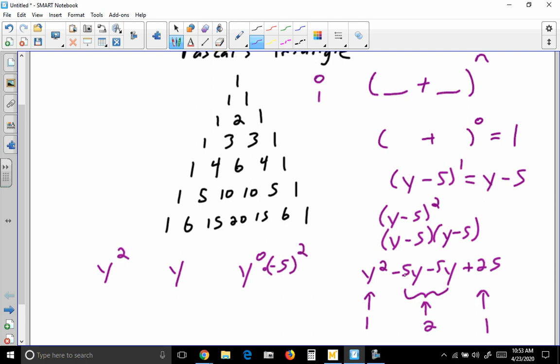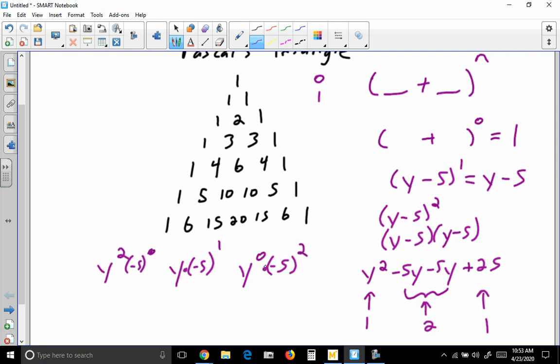The middle term has a negative 5 times y, so we have a y, and we have 1 negative 5. And the first term out here doesn't have any negative 5s. So we have y to the second, y to the first, no y's. We have negative 5 to the second, negative 5 to the first, and then no negative 5s.